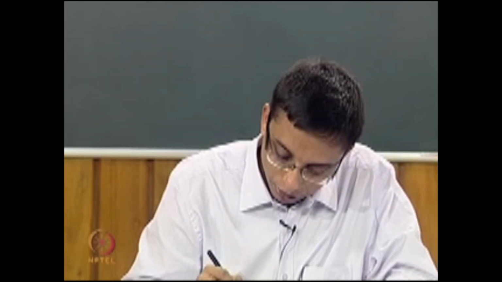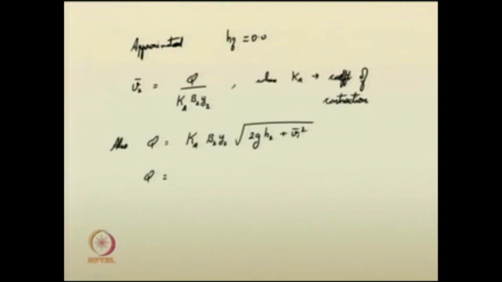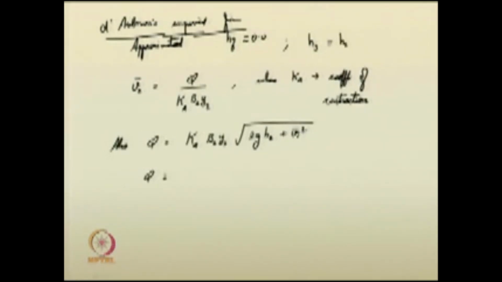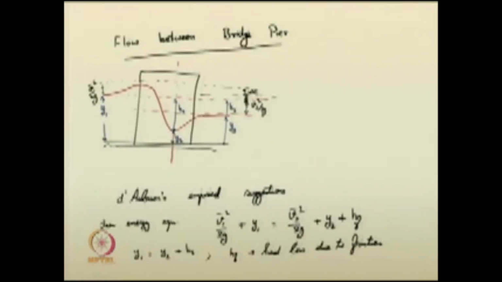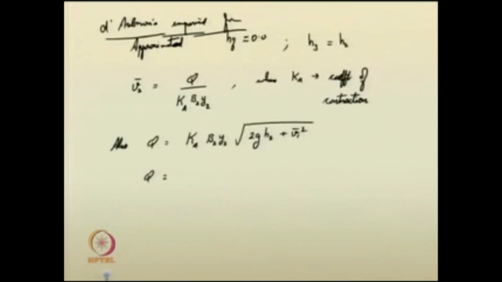But in Dobson's empirical form, he approximated friction loss as 0, and he suggested h 3 is the same as h 2. So, y 2 and y 3 will be the same in his case. For such conditions, he came up with the following discharge relationship.